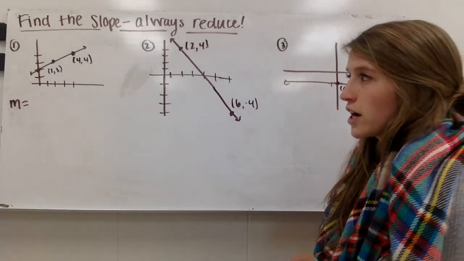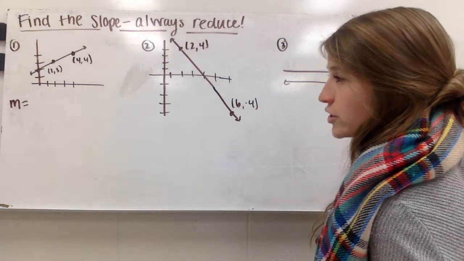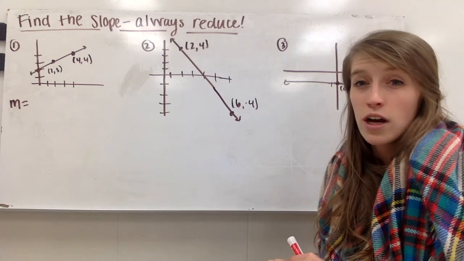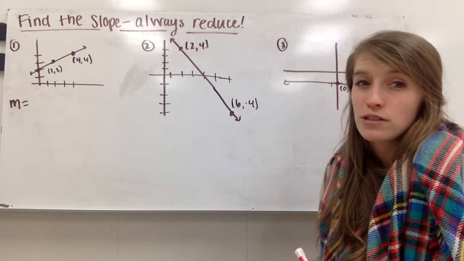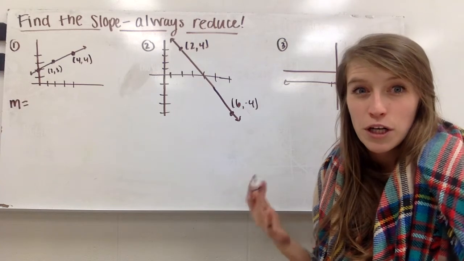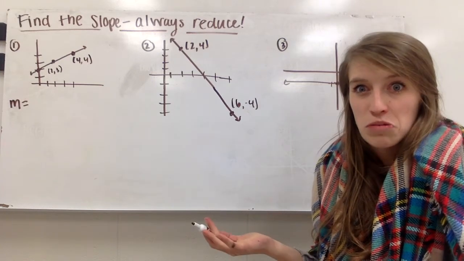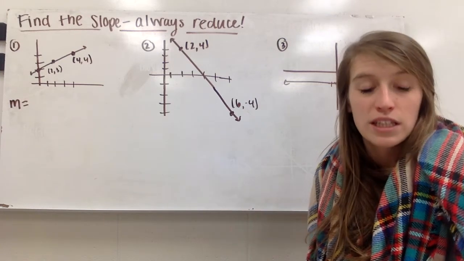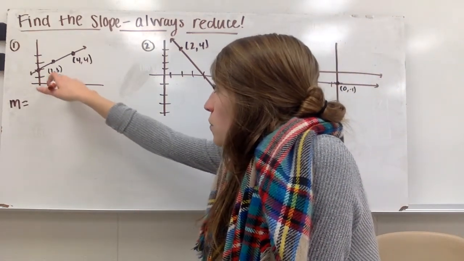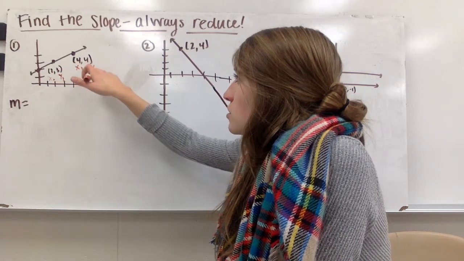The first one I want to try is question number 1 on your page. We need to find the slope. Please remember to always reduce. I printed 2 points on there for you, and we're going to use those 2 points. You can use any 2 points on the line that you would like. You'll always get the same slope. So I'm going to call this one right here x1, y1 and this one x2, y2.